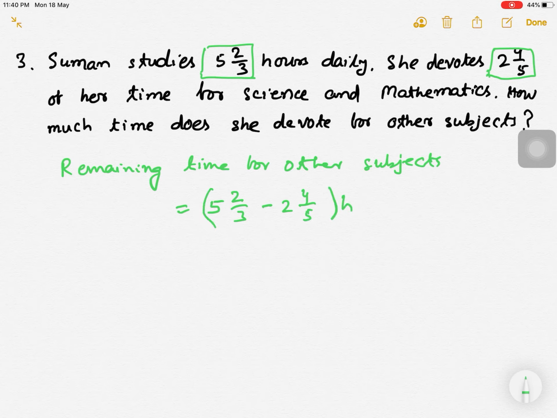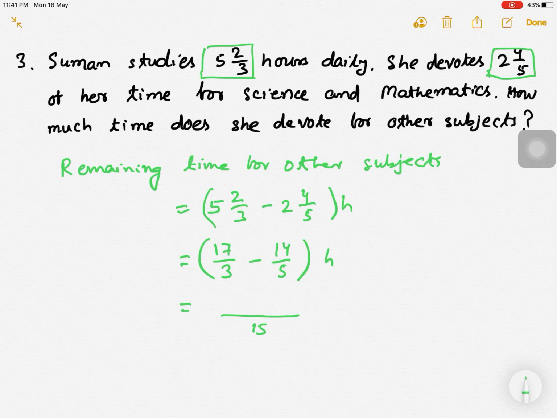Okay, and this is equal to 3 into 5, 15 plus 2 is 17 by 3 minus 5 into 2 is 10 plus 4, 14 by 5 hours. Now we have to subtract it, and LCM of 3 and 5 is 15.